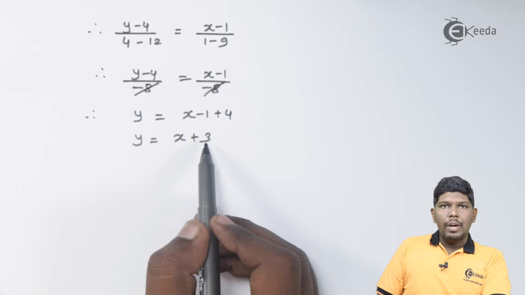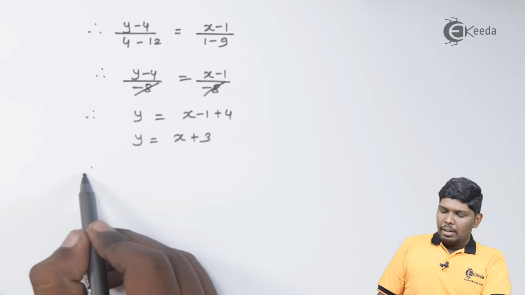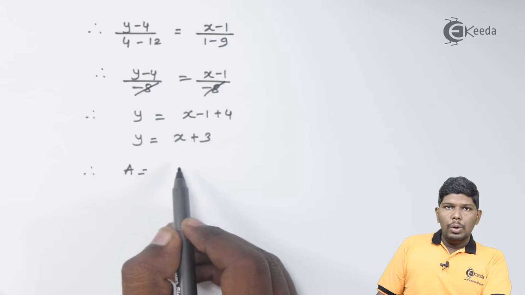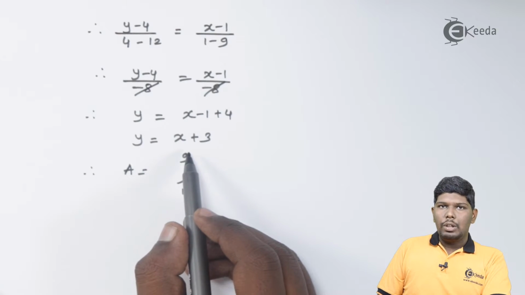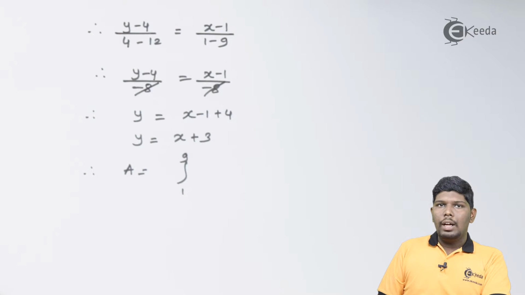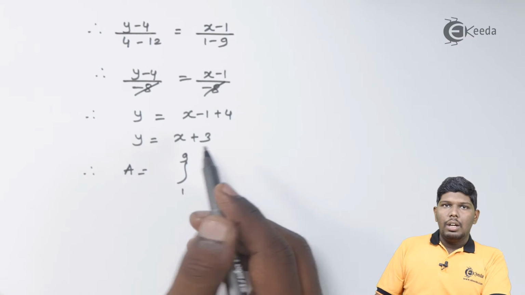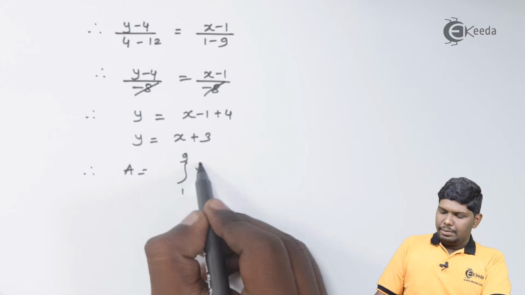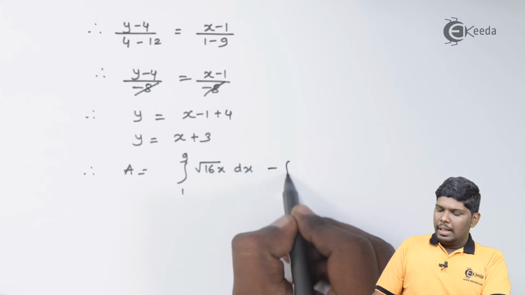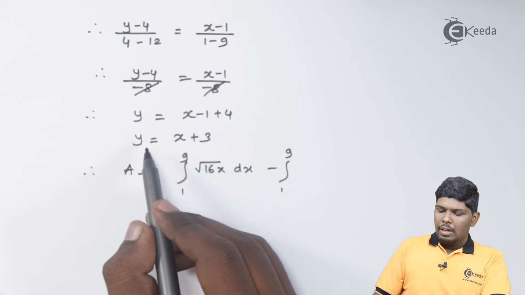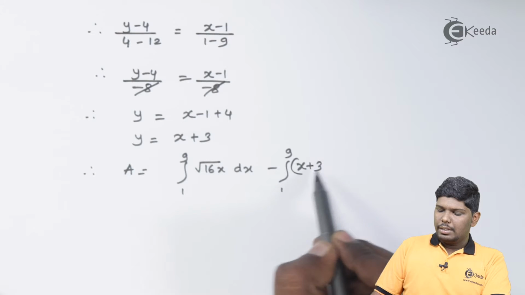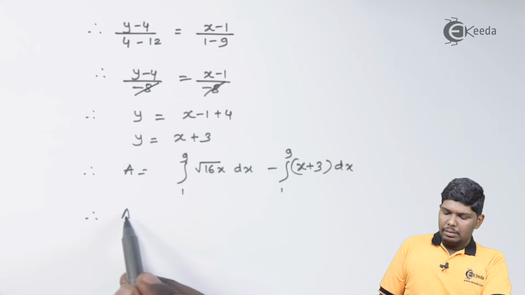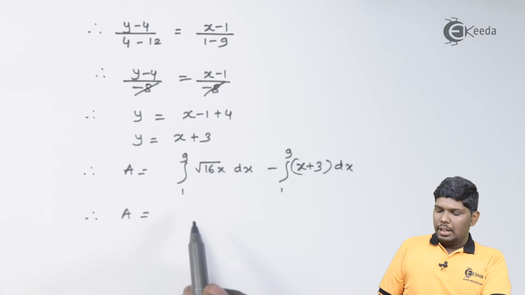So let us substitute the value of y in equation number 1. That will give you A is equal to, the first integral stands for the parabola, in which y will be equal to under root 16x, minus integral 1 to 9. The second y dx will represent the line which is (x plus 3) dx. Square root of 16 will give you 4.